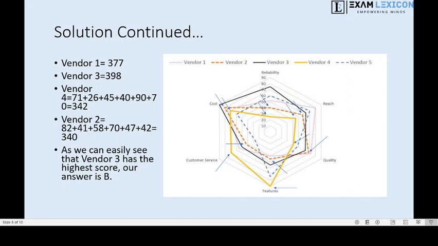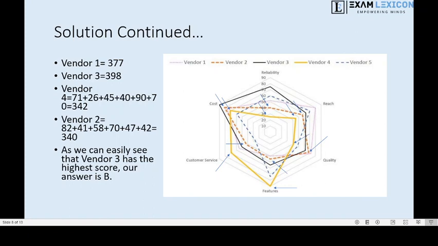I think apart from quality, all the points have lower scores than vendor 3, so we don't need to calculate it for vendor 2. Okay, so he gets eliminated by your observation skills itself, so you don't need to calculate all that. It saves you time in the question paper as well.